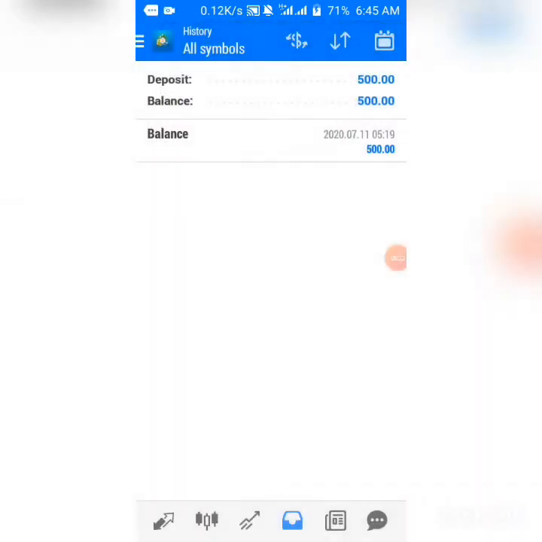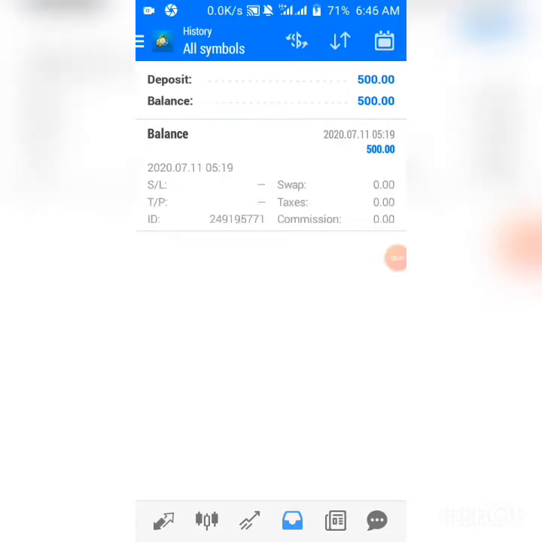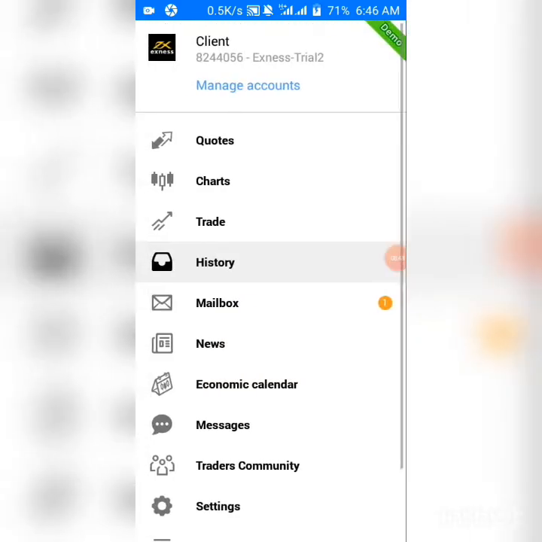History also shows, today is 11th of July, I loaded $500 and my balance is 500. My deposit is 500. Okay, this is a demo account.